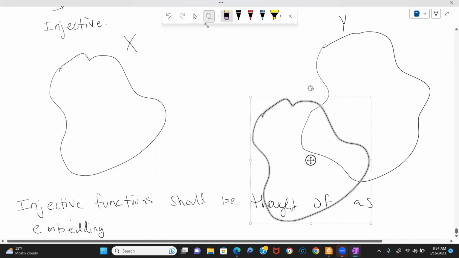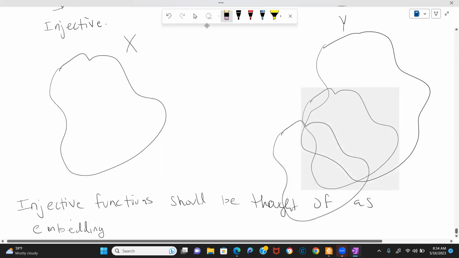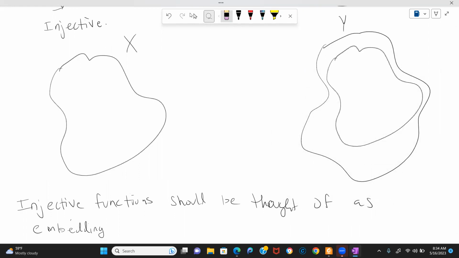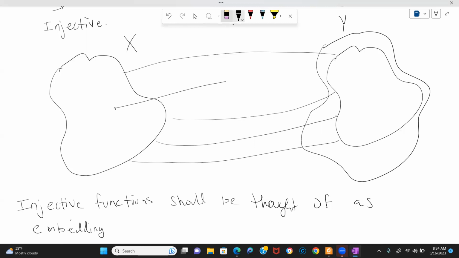Maybe it shrinks a little bit, but you can view it as being inside there. I probably should have made it dotted, but the boundary gets mapped here, maybe the boundary gets mapped there, and then points inside get mapped into here. In other words, you have a copy of X inside Y, and this would be the image.